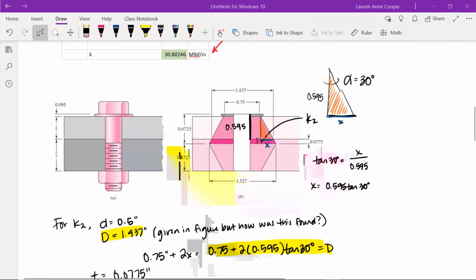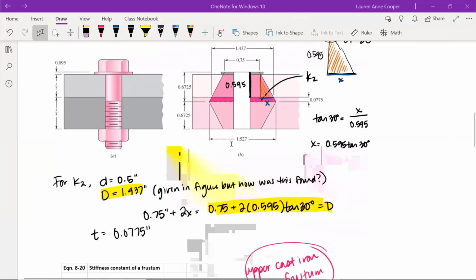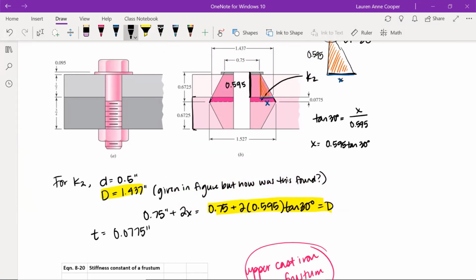This dark pink region, we can think of as the upper cast iron frustum, because we are in the cast iron region here, but we're just focusing on this dark pink frustum. So we're figuring out that K2. Little d is going to stay the same. Big D is given in the figure as 1.437 inches, but make sure you understand how this was found.